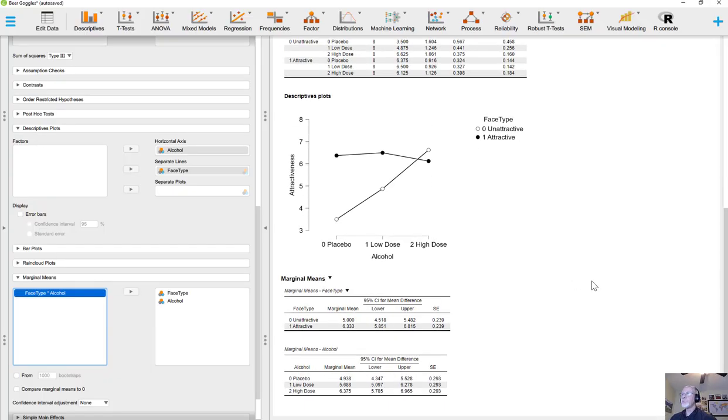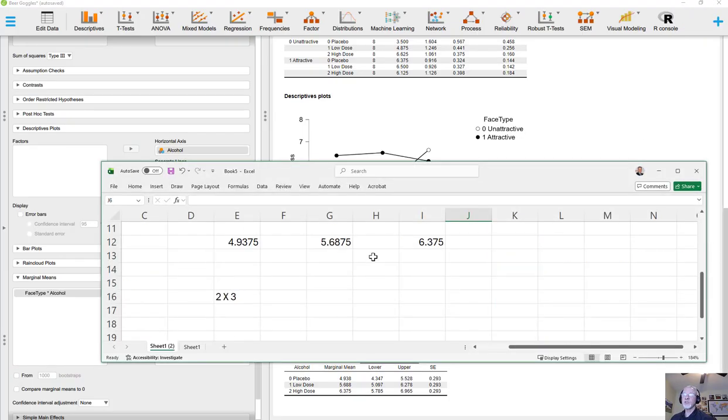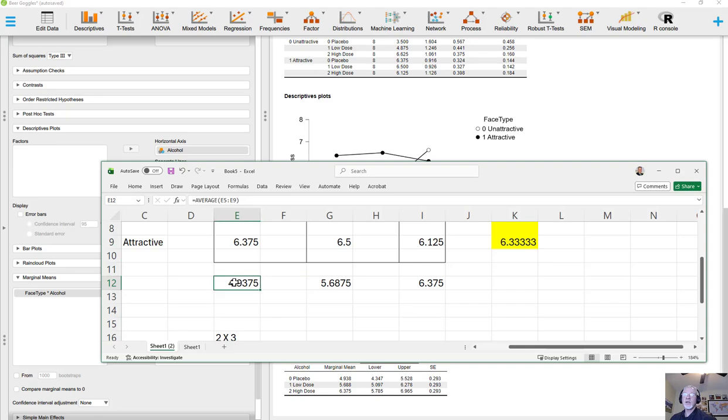So where was that in my original drawing? Go back up, get my Excel spreadsheet, and here are those numbers, the 4.938, 5.688, and 6.375.